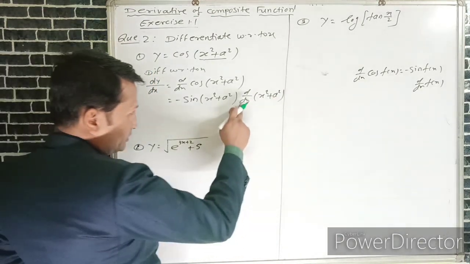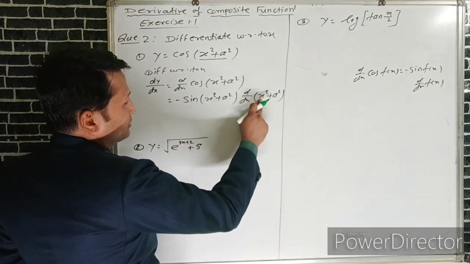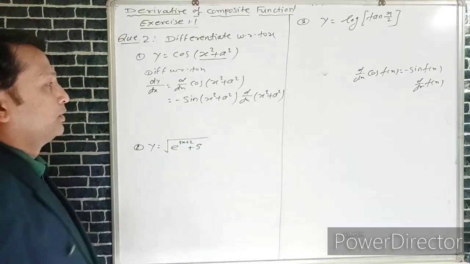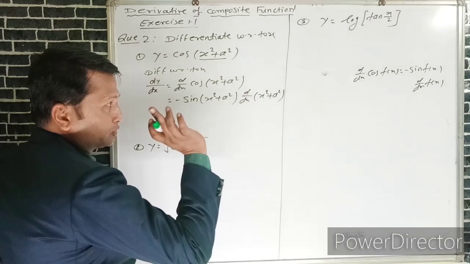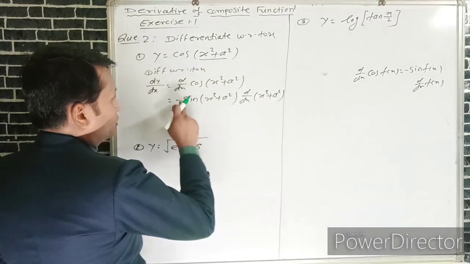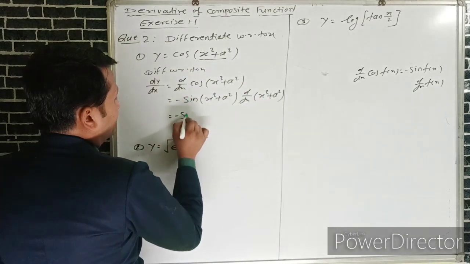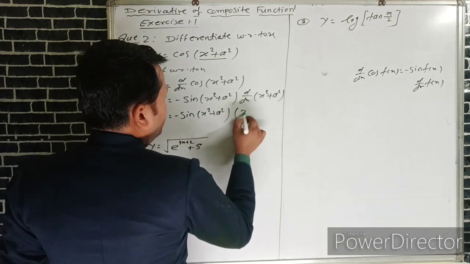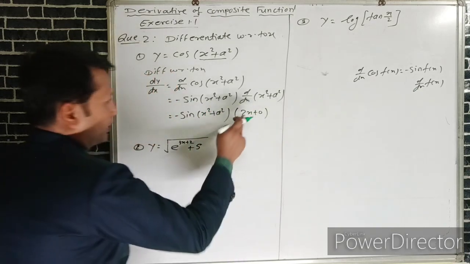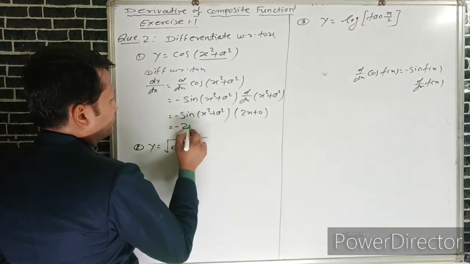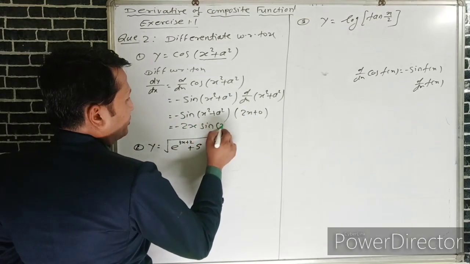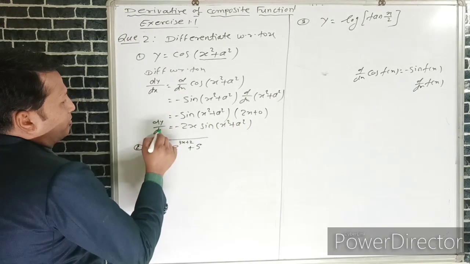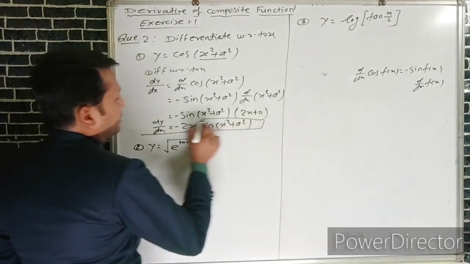We know that the derivative of x square is 2x, a is constant function and hence its derivative is 0. 2x plus 0 is 2x. 2x into minus sin of (x square plus a square), minus 2x sin of (x square plus a square), which is the required derivative of y, dy upon dx.